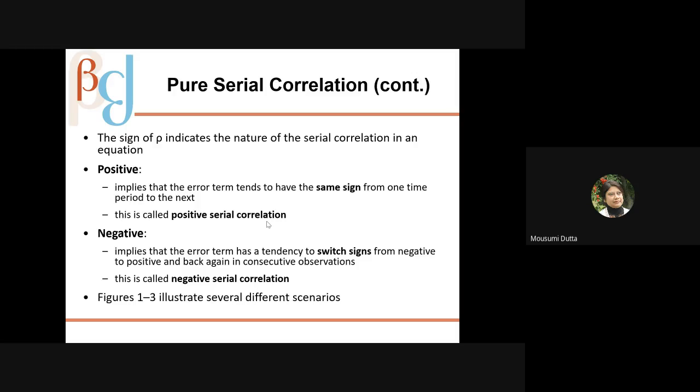Now, if in the first period you have a positive value and in the second period you have a negative value, in that case there is negative correlation. This implies the error term has a tendency to switch signs from negative to positive and back again in consecutive observations. If this happens, we call it negative serial correlation.